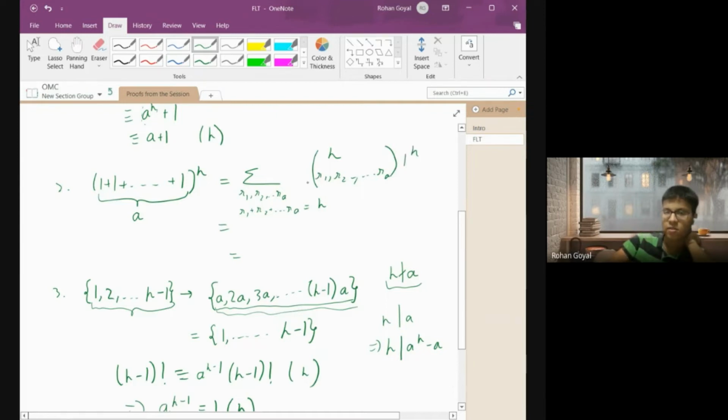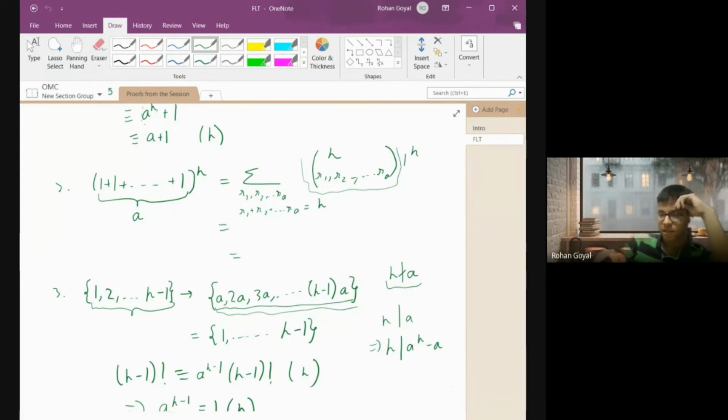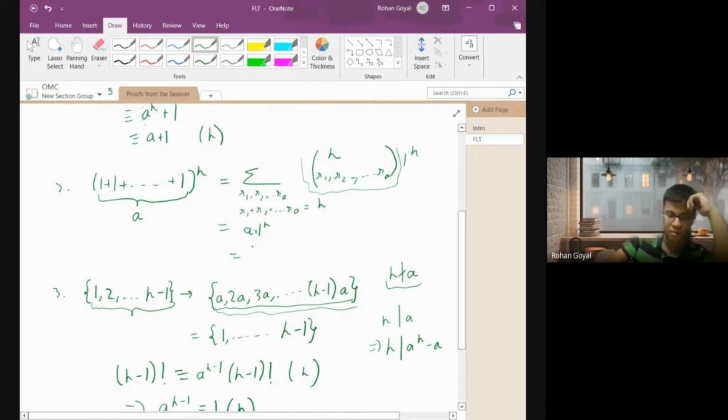Now this is divisible by p if any two of them are non-zero. So you only consider cases where exactly one is non-zero and the others are 0. So there are a cases for that. So it's a into 1 to the p. So it's just a.